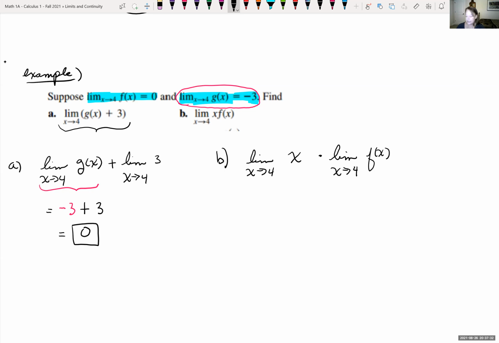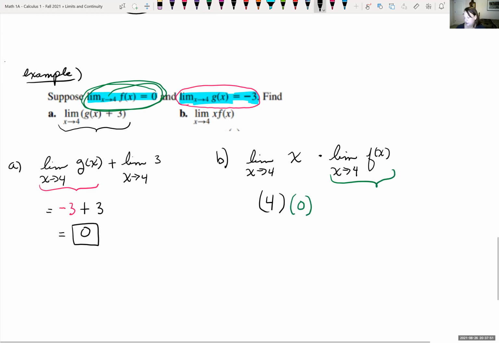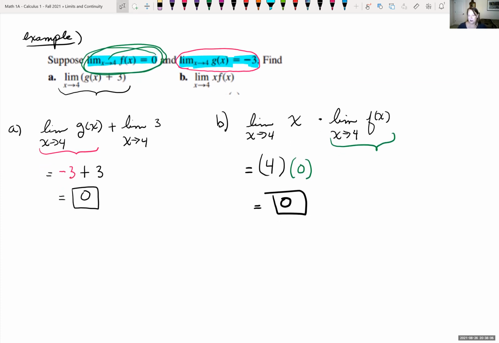So the limit as x approaches 4 of x was just 4, times, well, we're given over here that the limit as x approaches 4 of f of x is equal to 0. And so we're going to multiply 4 times 0, which again gives us back 0. So you might be given information about limits and then asked to find other limits using those properties.